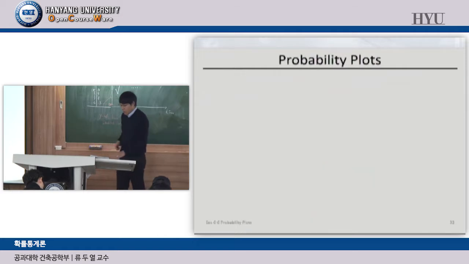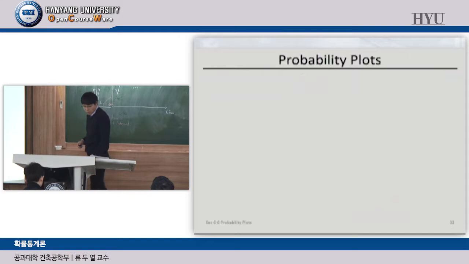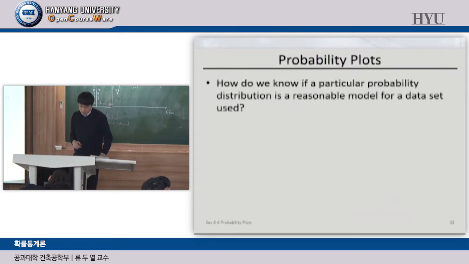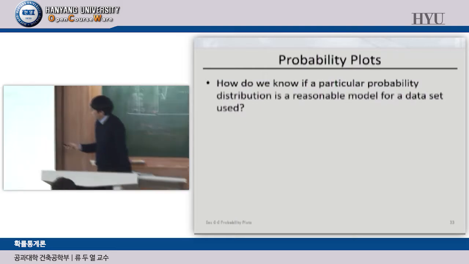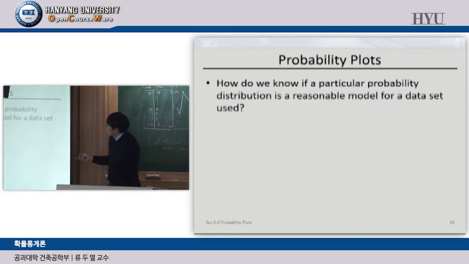And now we are going to discuss the probability plots. And this is a question: how do we know if a particular probability distribution is a reasonable model for the data set we obtained? Right? We need to determine whether the selected probability distribution model is appropriate to the data point we obtained.